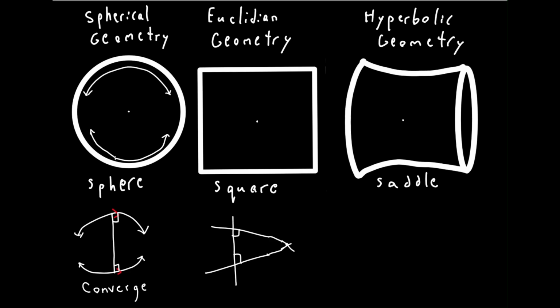As you can see, they met on point P. But for spherical geometry, no matter what, if you draw any amount of line on a sphere, and it has to be on the face of the sphere or the circle, they will meet. These two meet.